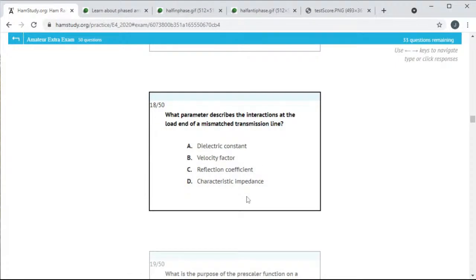What parameter describes the interaction at the load end of a mismatched transmission line? A, dielectric constant. B, velocity factor. C, reflection coefficient. D, characteristic impedance.